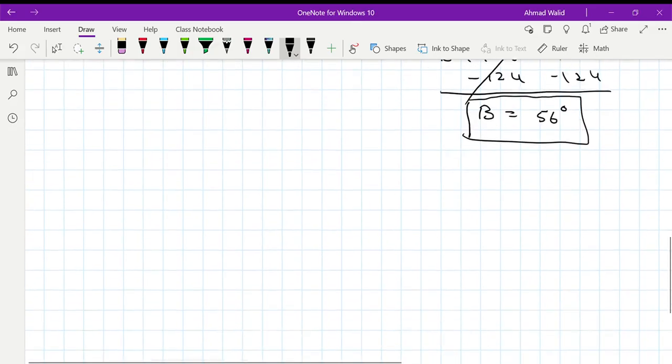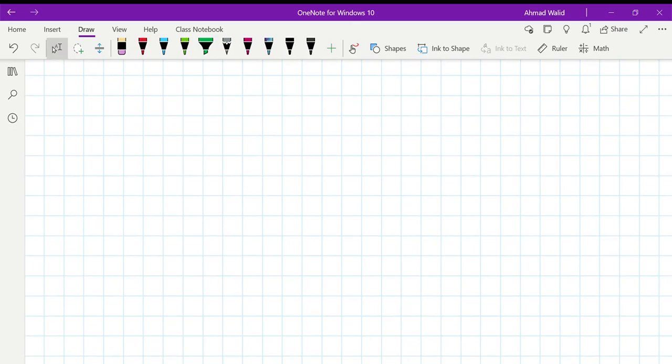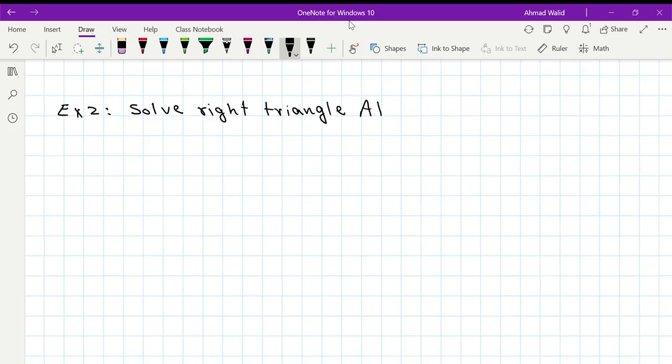Let's do another example for you. Example number 2. Solve right triangle ABC. They have to give you some values.